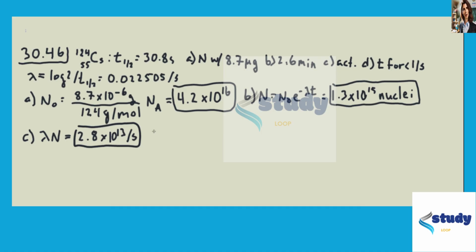So now to find the time it takes for the activity to drop to less than 1 per second, our activity is lambda N. And so it's going to be lambda N naught e to the negative lambda t.